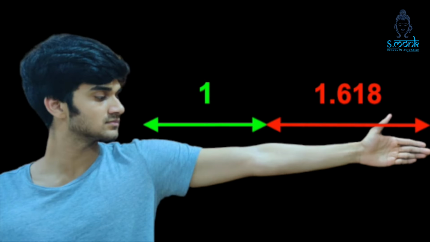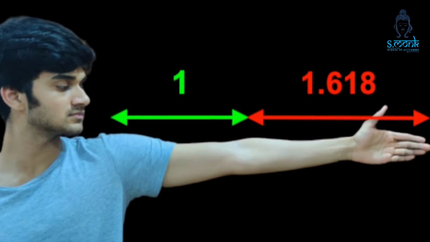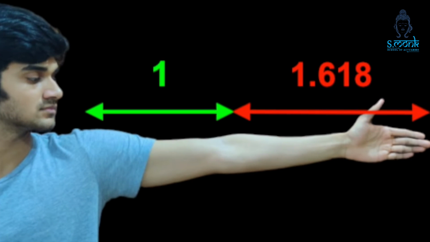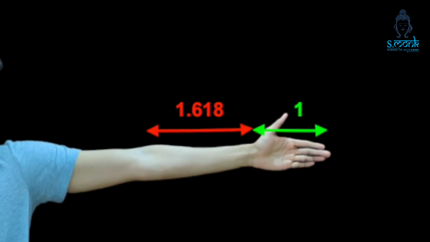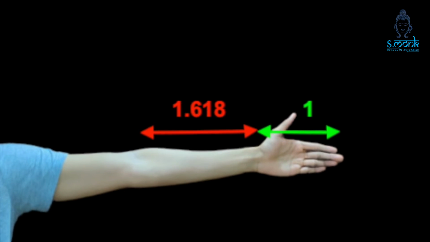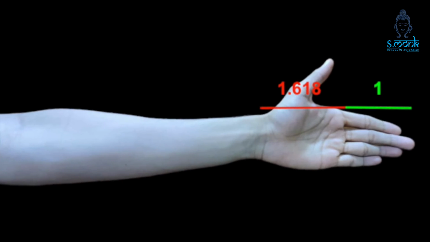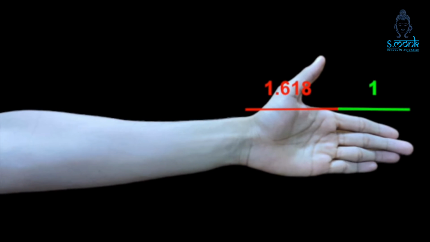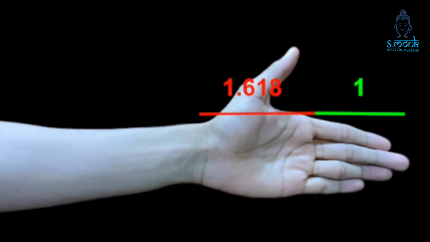And if you aren't fascinated enough already, let's take this a little closer to home. I want you to hold out your arm and look at the distance from your shoulder to your elbow, and now from your elbow to your fingertips. Pretty crazy, huh? Now, the distance from your fingertips to your wrist is 1, and from your wrist to your elbow is 1.6. It doesn't stop there. The ratio from the furthest tip of your fingers to the bottom of your fingers is 1, and from the bottom of your fingers to your wrist is 1.6.